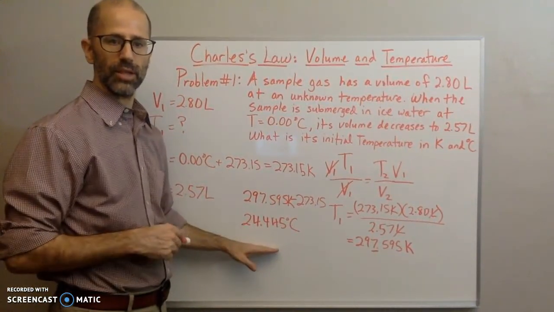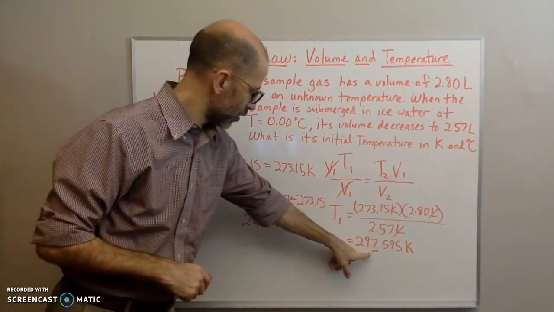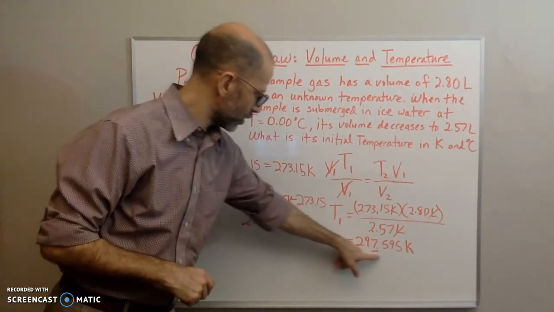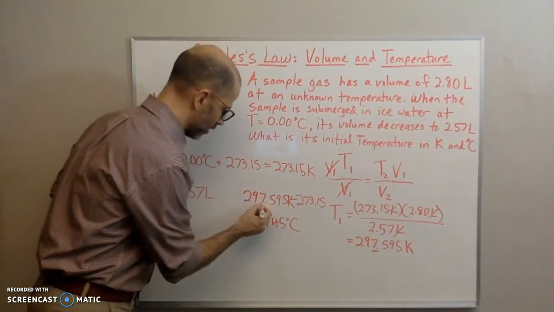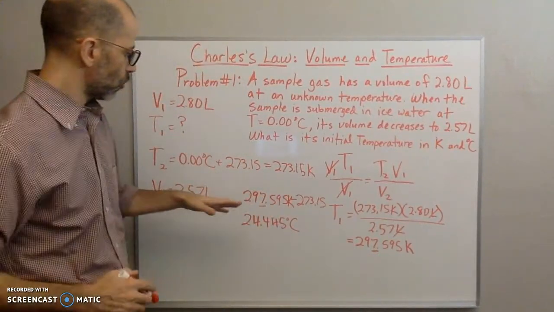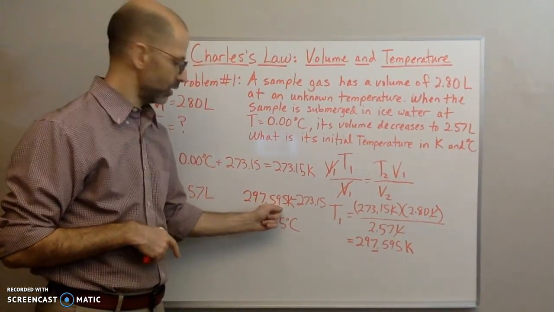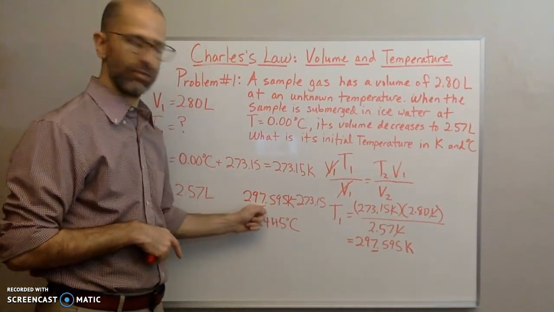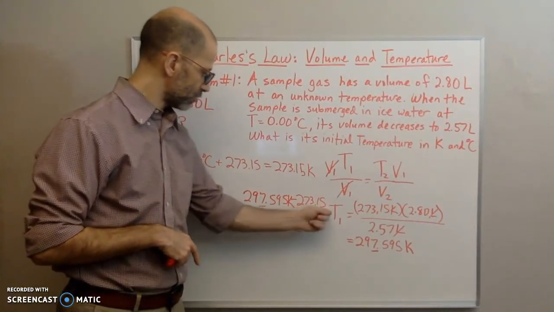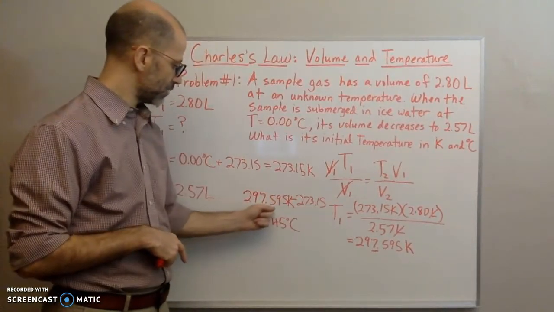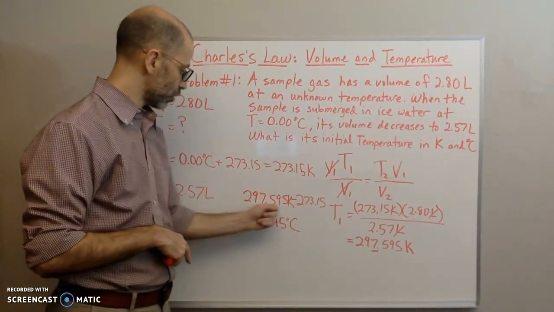All right, now I need to make sure I have the right number of sig figs or decimal places for my answer here. I said here that my last significant figure is the 7, so I underline that here. Remember, these decimal places do not count, because my last significant digit is the 7. So when I subtract this out, I have 2 sig figs, but I have 2 decimal places, and I have 0 here.